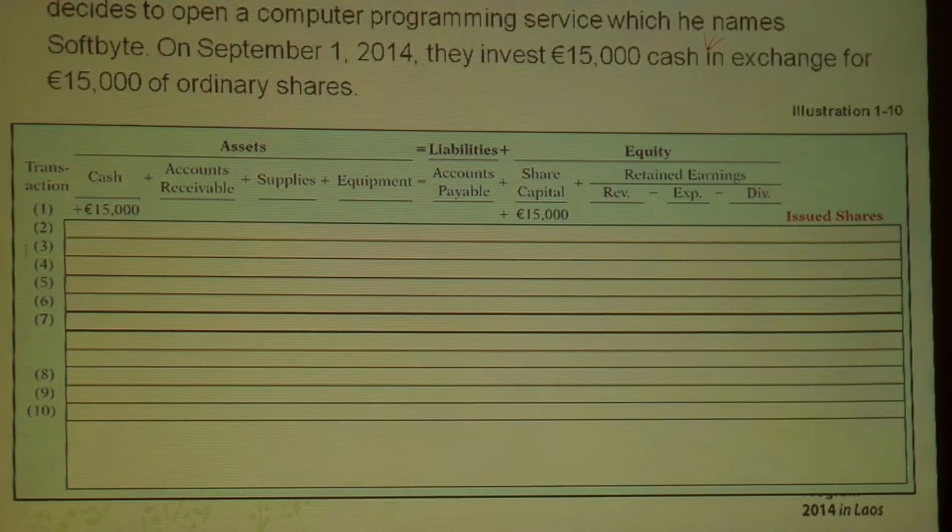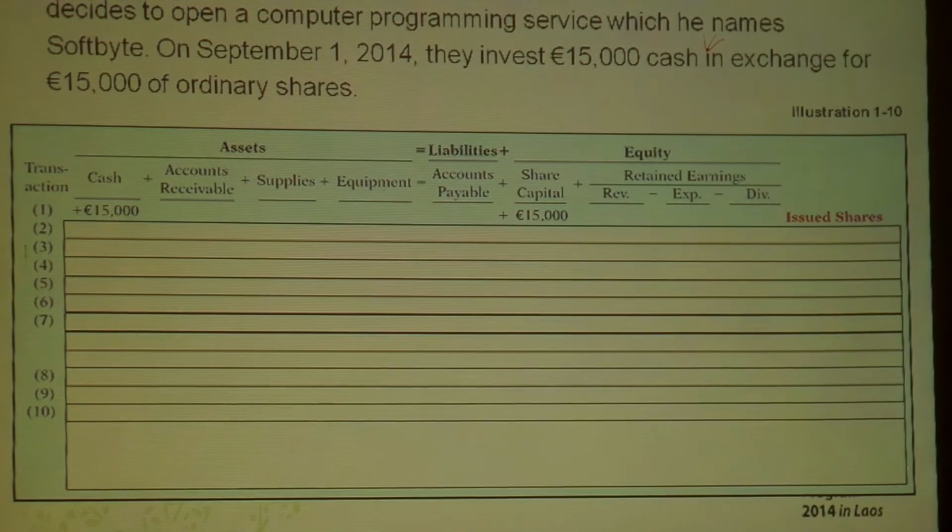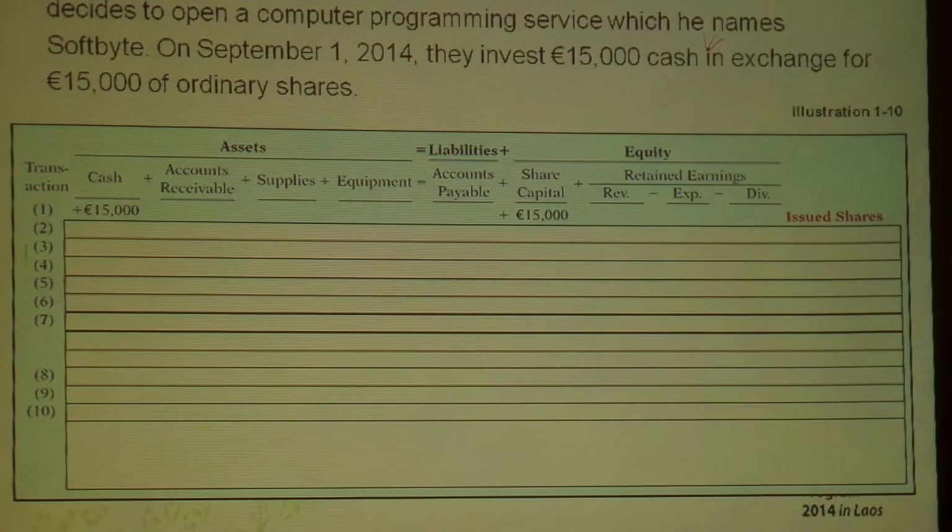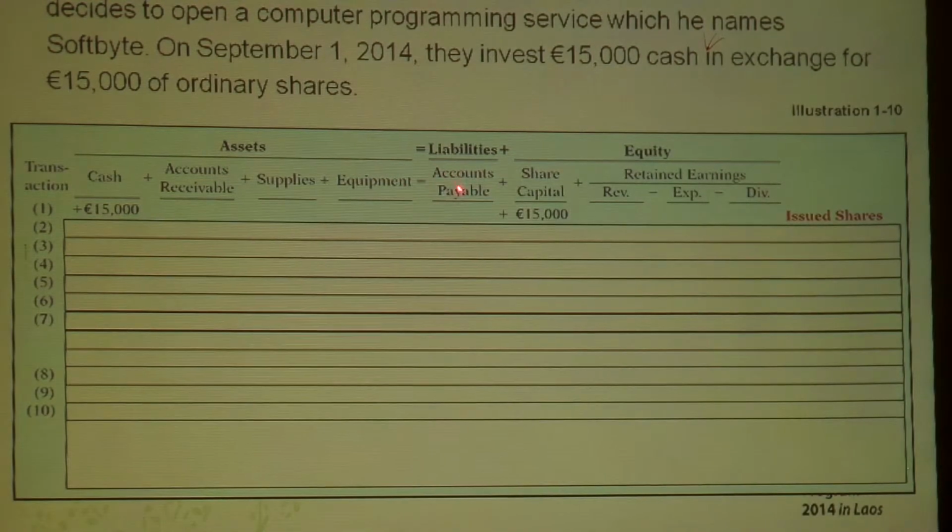But in this case, I borrow the money from the bank. Do I have to input accounts payable? Then you have to increase cash 15,000. And over here in the liability, there's supposed to be a note payable.